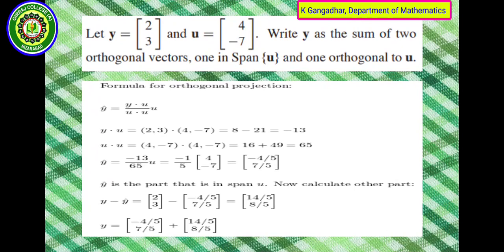Here is another problem. Let y equal (2, 3) and u equal (4, -7). Write y as the sum of two orthogonal vectors, one in span u and one orthogonal to u. First we find the orthogonal projection of y on u: y cap equals y dot u by u dot u into u.